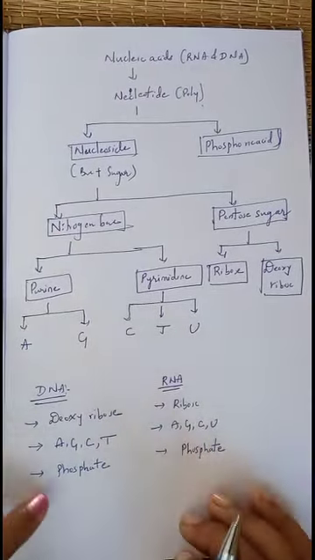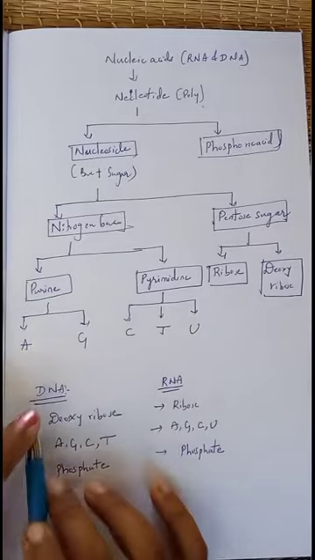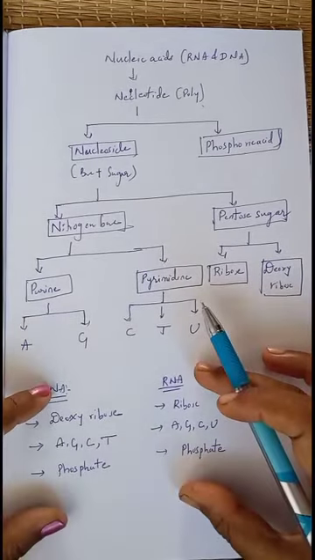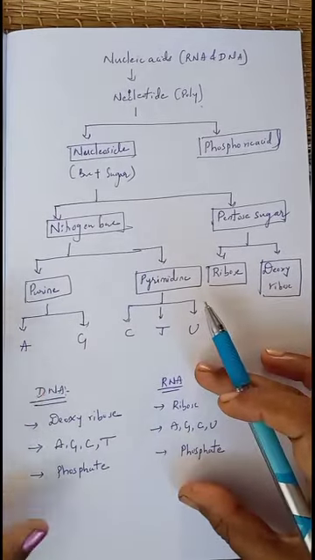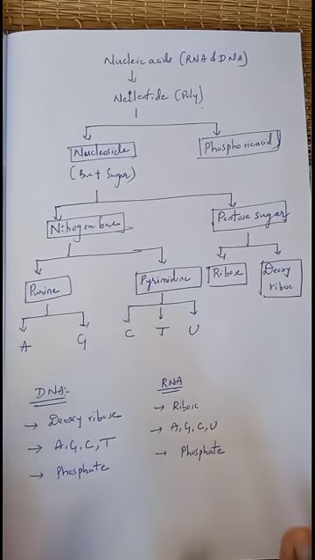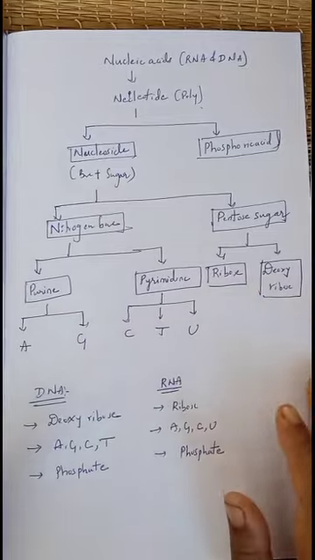DNA stands for deoxyribose nucleic acid, and this is ribose nucleic acid. DNA is useful for the transfer of genetic information from one generation to another generation. RNA is useful for the synthesis of protein. So that is about the nucleic acids.